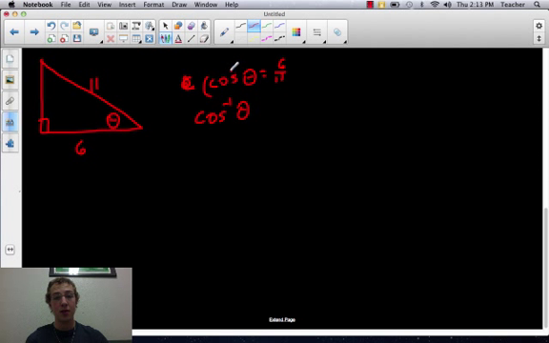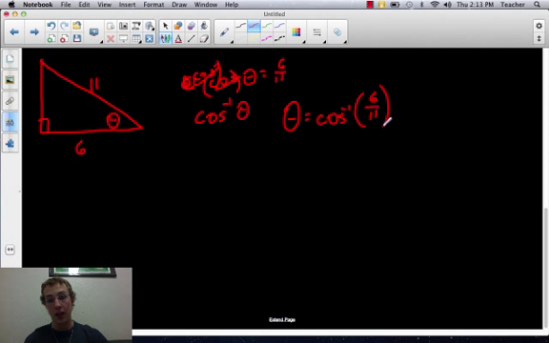Now, if you were to inverse cosine a cosine, they cancel out. But remember, algebraically, if you do it to one side, you have to do it to the other. So we end up with theta equals inverse cosine, with a tiny little 1 over it, of 6 over 11.